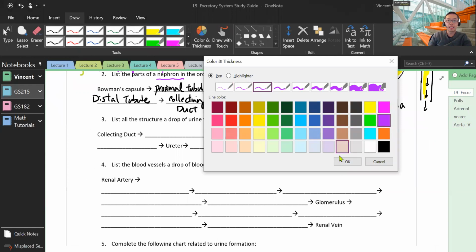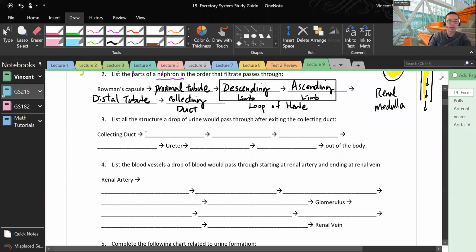So from the collecting duct, we will go into, once again, the renal papilla, the little knob at the tip of the watermelon. And from there, it goes into the major calyx. Sorry, minor calyx. Small one first, followed by the major calyx.